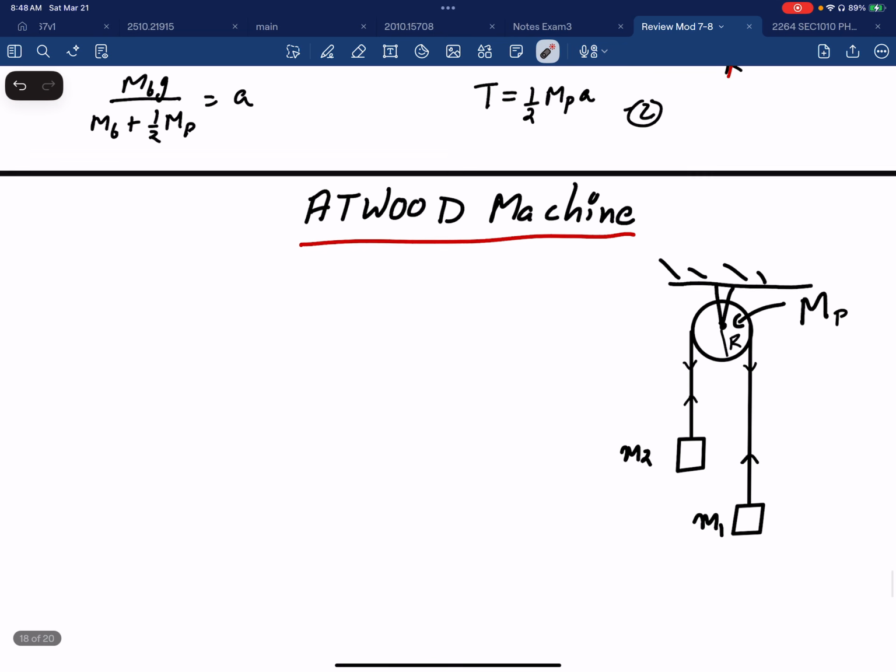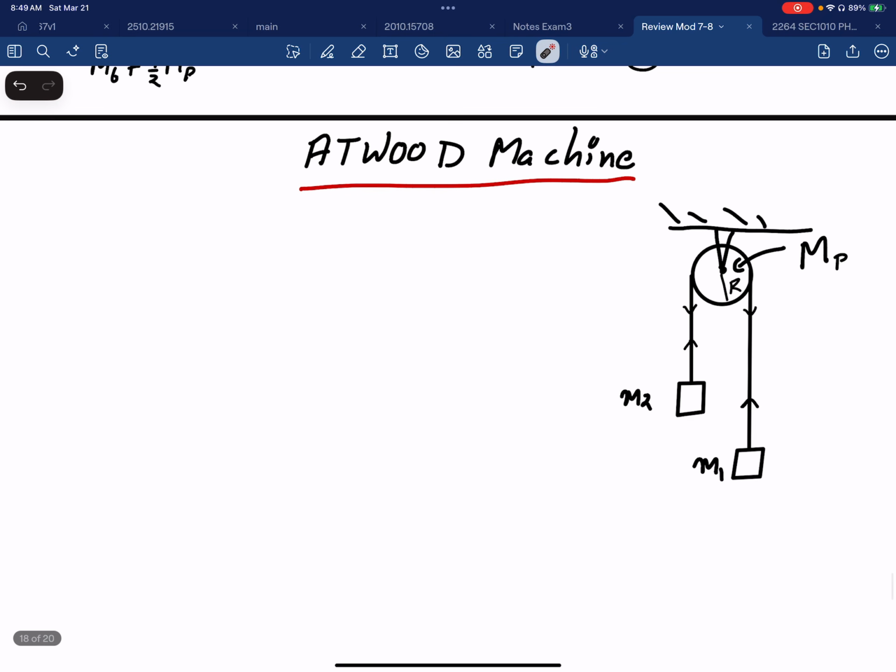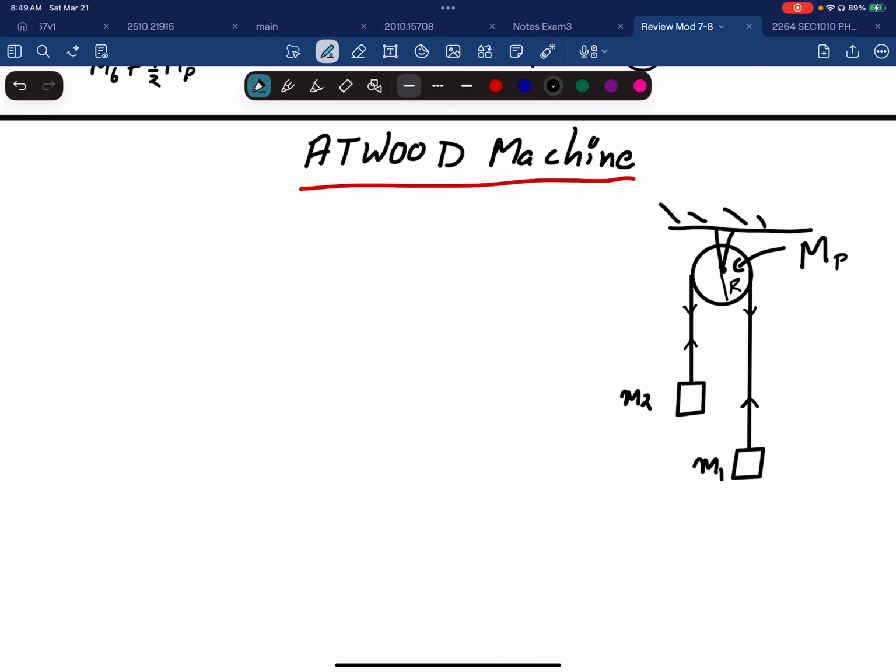Okay, so if we draw out the forces, here again, don't assume the tensions are the same, because now the pulley is not massless. We take the two tensions to be different. Now when we do that, we again draw the forces, which is W2, this is W1.